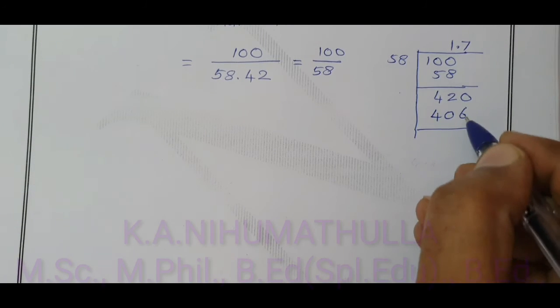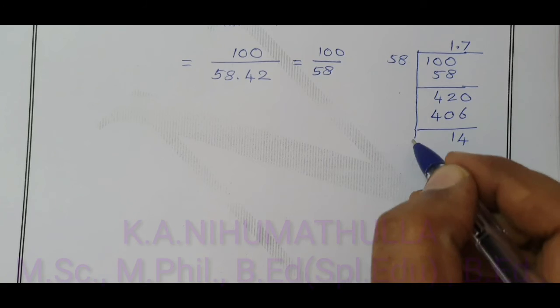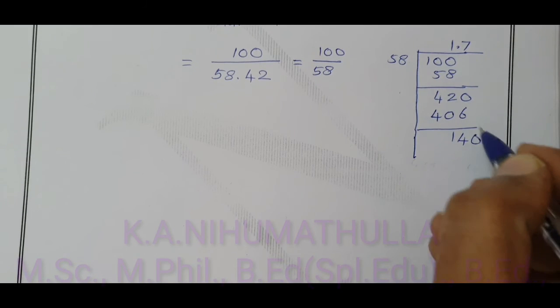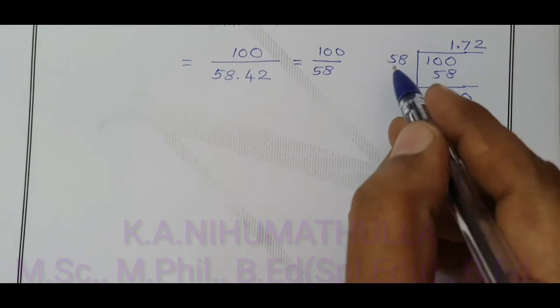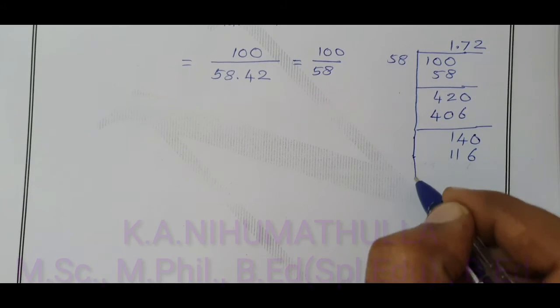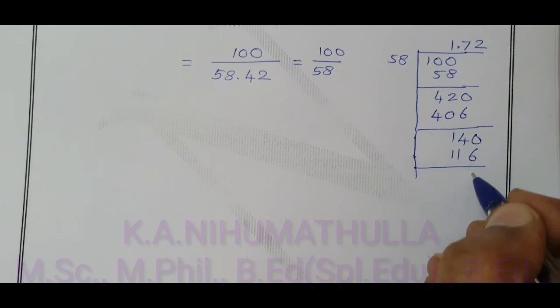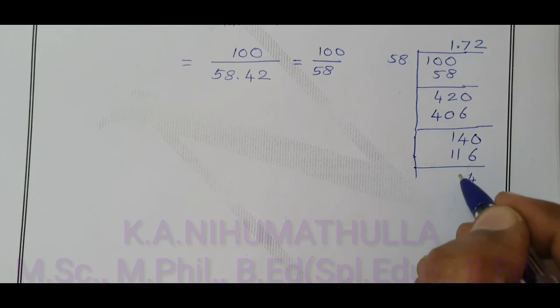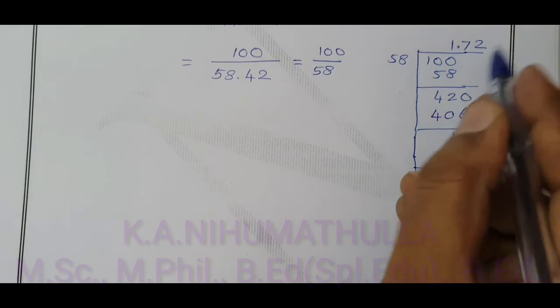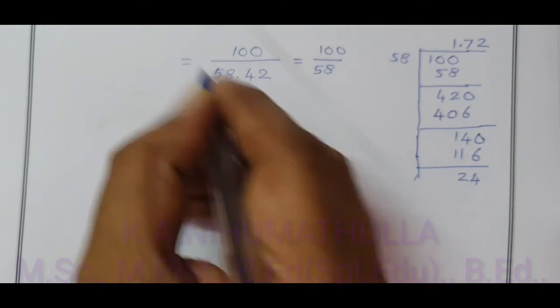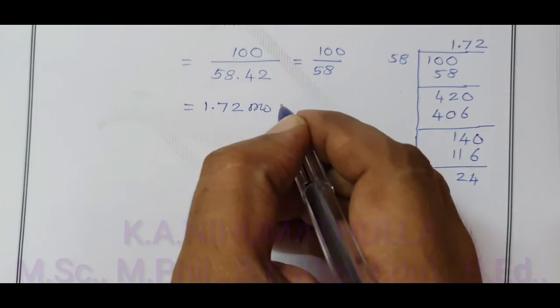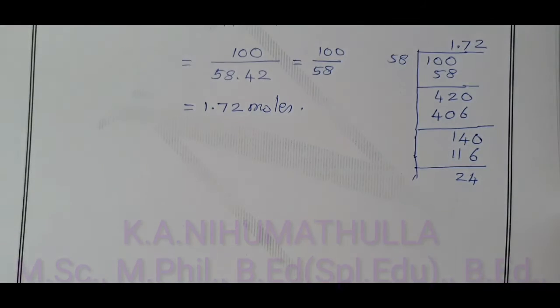When you subtract, you will get here 4, 1, 1, 4. Again put 0 and 2 8s are 16, remaining 1, 10 plus 1 equal to 11. When you subtract and goes on, 10 minus 6 equal to 4, 3, 2, 24. So we can take this 2 digits, that is equal to 1.72. We are calculating number of moles, therefore moles here.